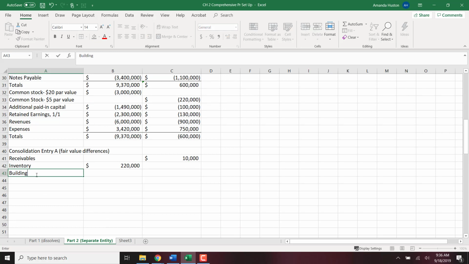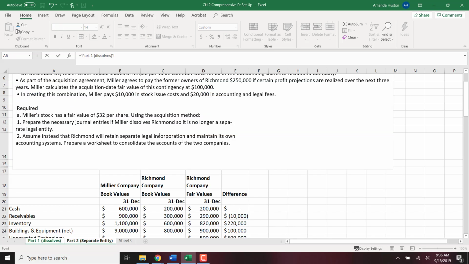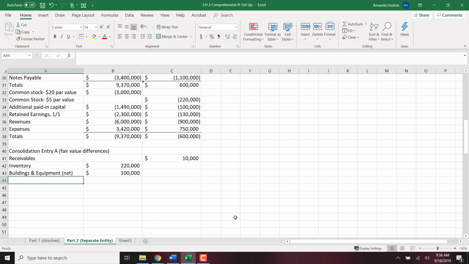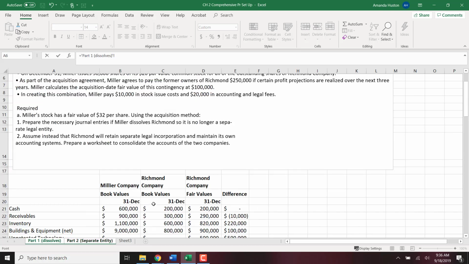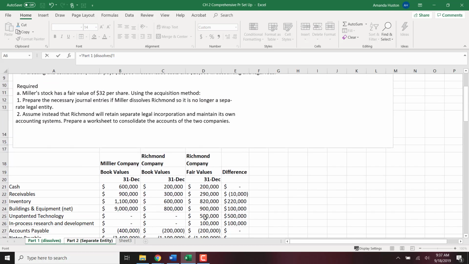Then we had buildings and equipment net. And we're taking the fair value difference. And then we have unpatented technology. We're taking the fair value difference.